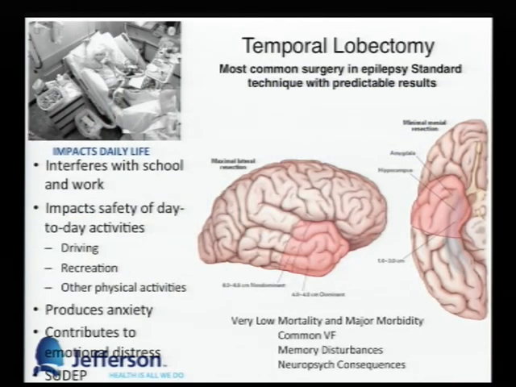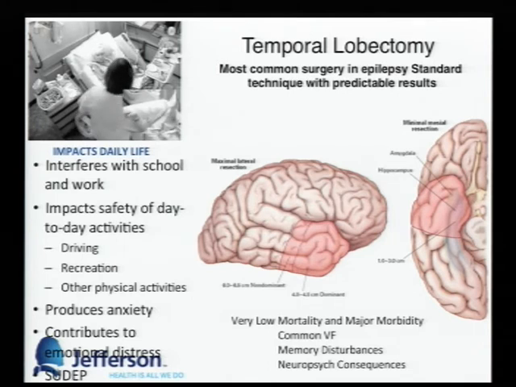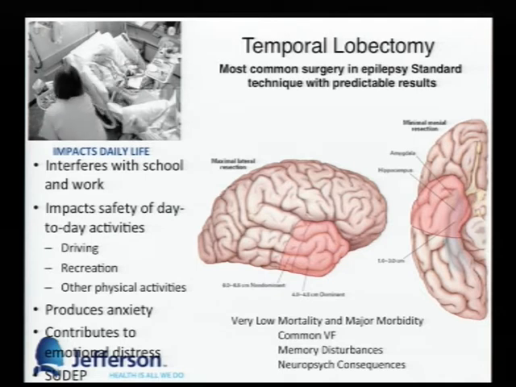Now, I think we talked about this, and I don't think that we emphasize it enough. And I don't know if you emphasize it here enough either in India. But there are two things. Besides the impact of epilepsy on daily life, which interferes with their school and their work, what is a disabling seizure in terms of anxiety and distress to the family. But we also emphasize SUDEP.